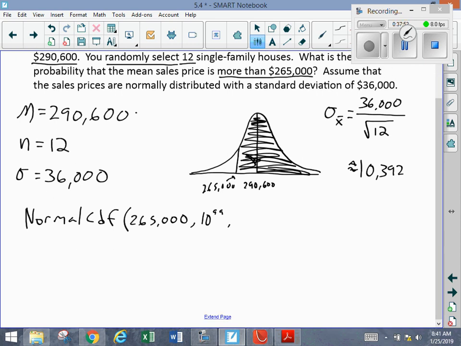And then our mean is 290,000. Standard deviation 10,392. We'll put that in our calculator, and we will get an answer.